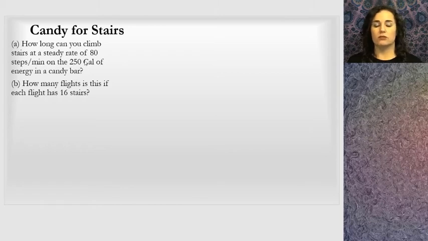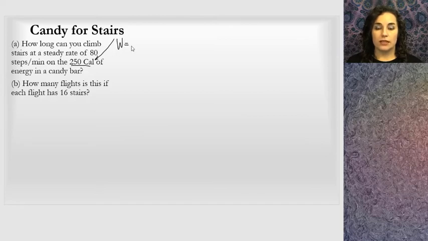Okay, so I just randomly, I know most candy bars are between 200 and 300. So just imagine there's one with 250, and this is big C calories. Okay, so this is energy. This is the energy that has to be expended. And the energy that has to be expended is the work.